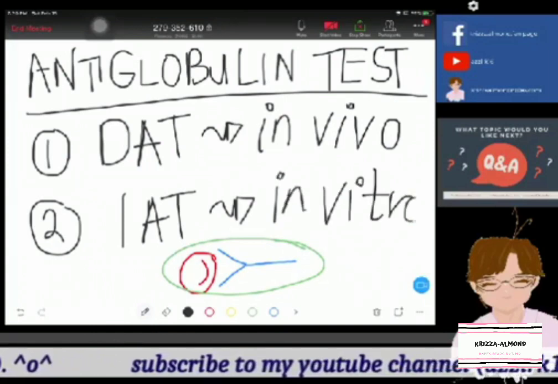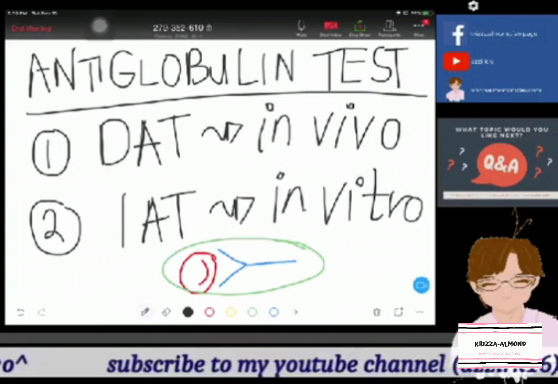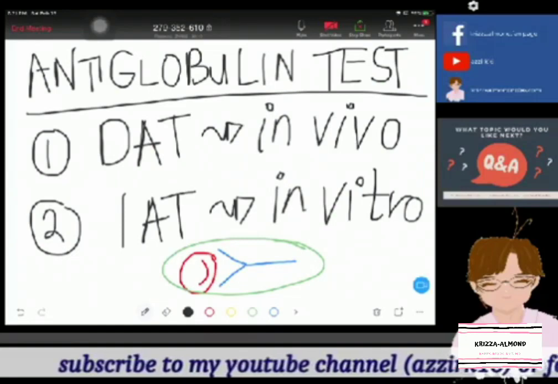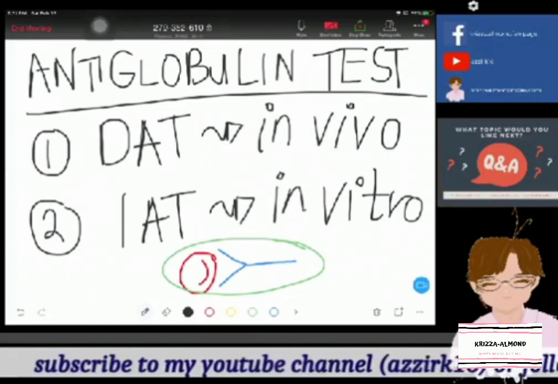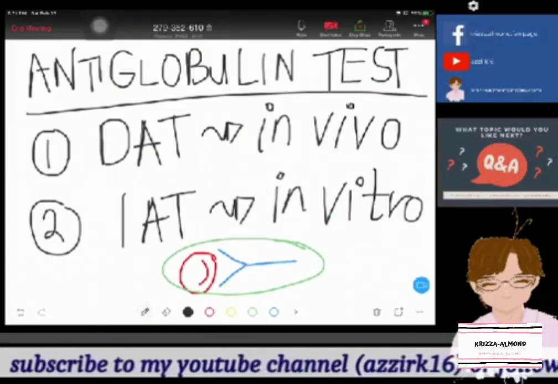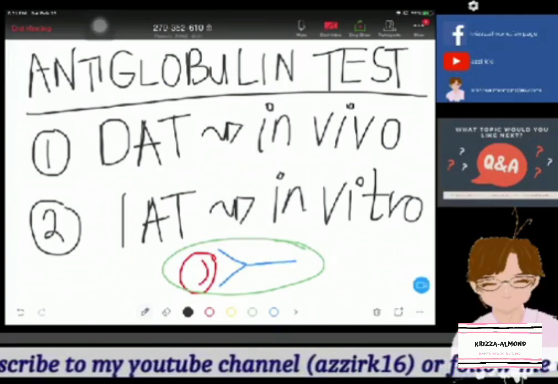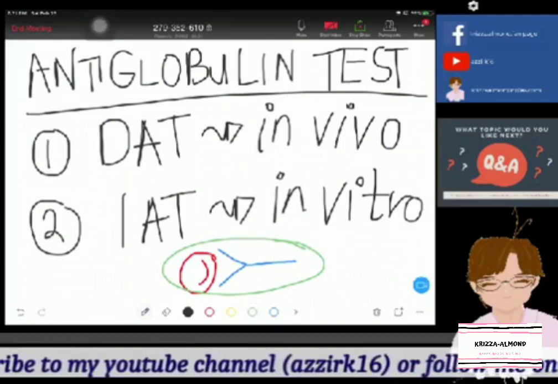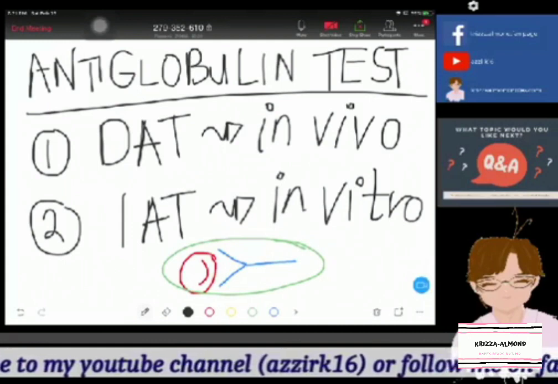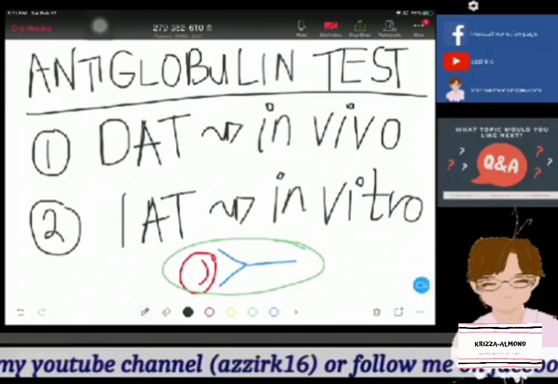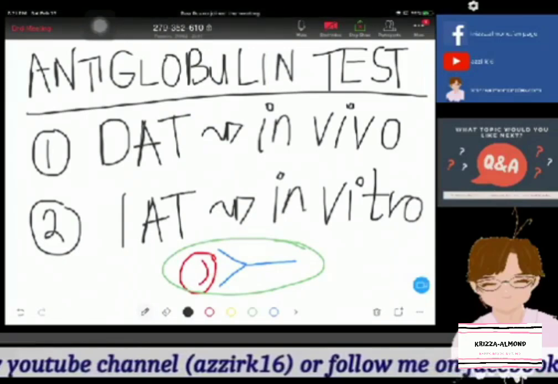And as you can see, and as you already know, we'll just review this part. The direct antiglobulin test is used to detect in vivo sensitization, and the indirect antiglobulin test is used to detect the in vitro sensitization. So it's important for us to remind ourselves about the definition of the word sensitization.